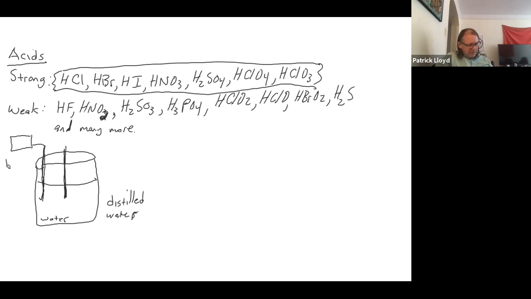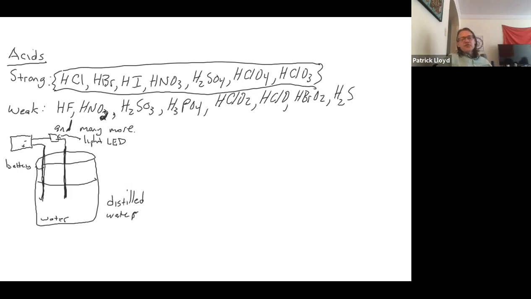So we connect a battery into that. And then you put a little light bulb. So I'll put a little LED. There we go. Okay. So here's your little light. What will happen is if you put those wires into the water, nothing will happen. You won't see anything happen with this electrical circuit.